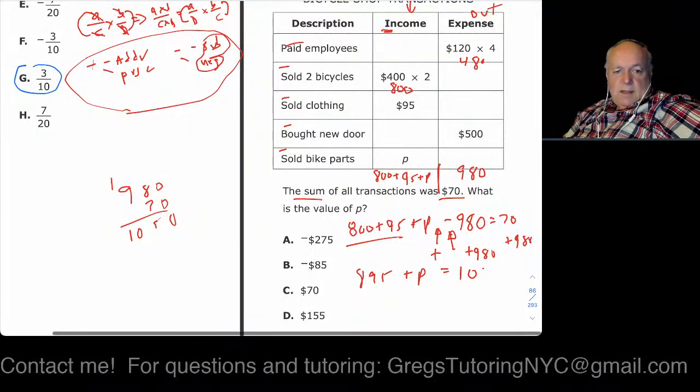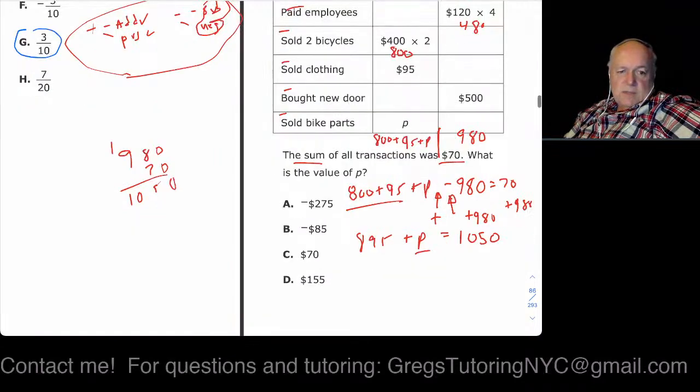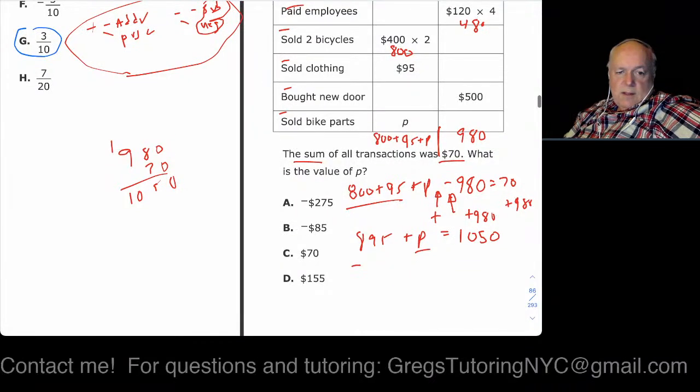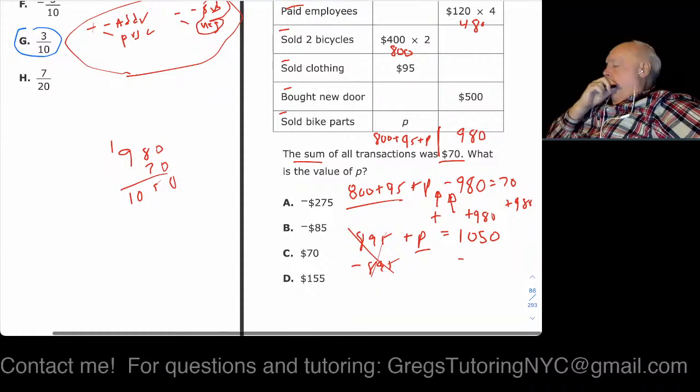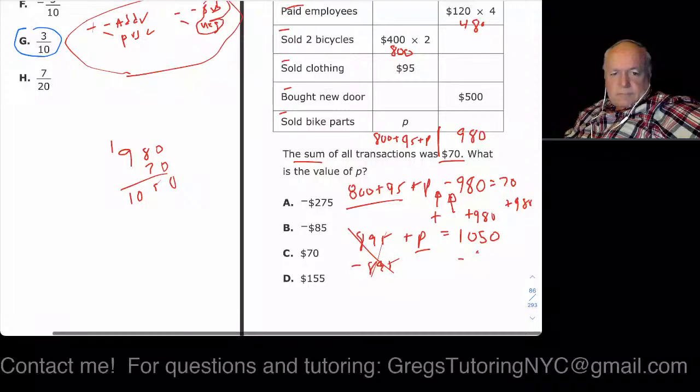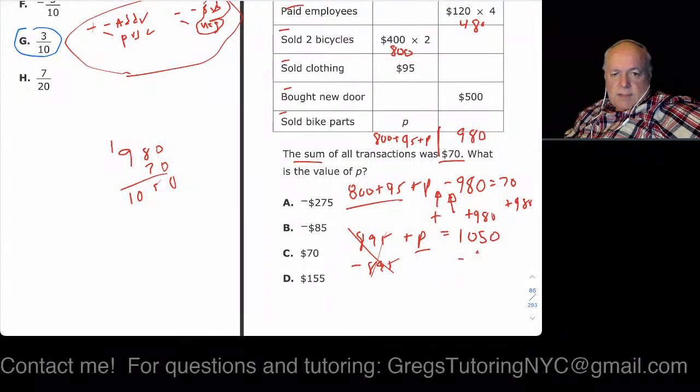Okay, and then to get P, that's what they're looking for. What is the value of P? I'm going to subtract 895 from both sides. That goes away. What I do on the left-hand side, I do on the right-hand side. That was 895. So if I do that here, minus 895.